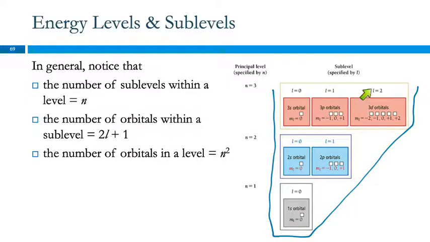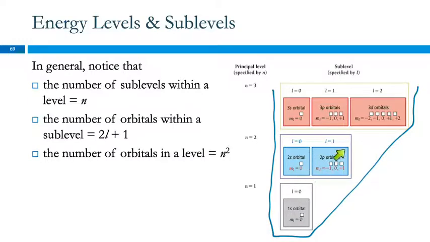Here, L equals 2. So 2 times 2 is 4, plus 1 is 5. And so if we go to L equals 3, 3 times 2 plus 1 is 7. So in the hotel, each of these beds can hold 2 people, but they have to have opposite spins. Well, we'll figure out what that is in a minute.